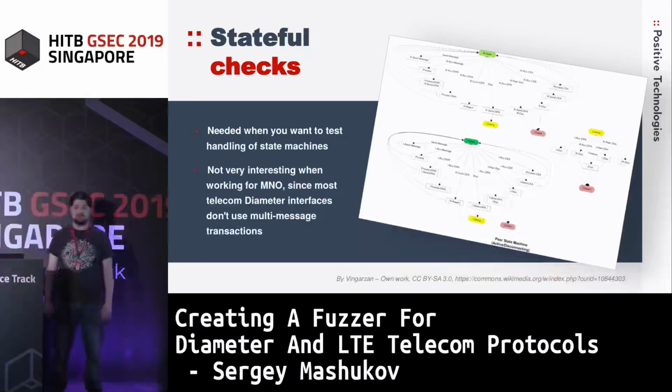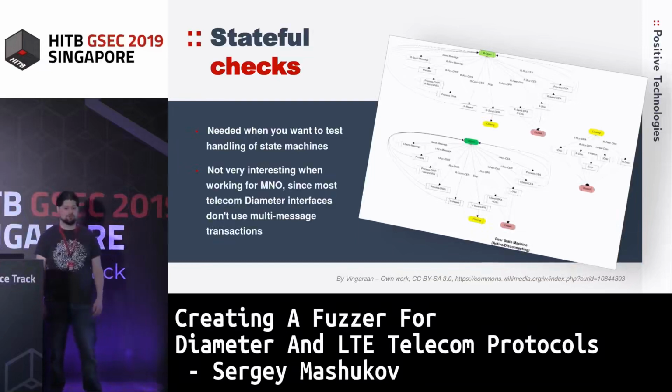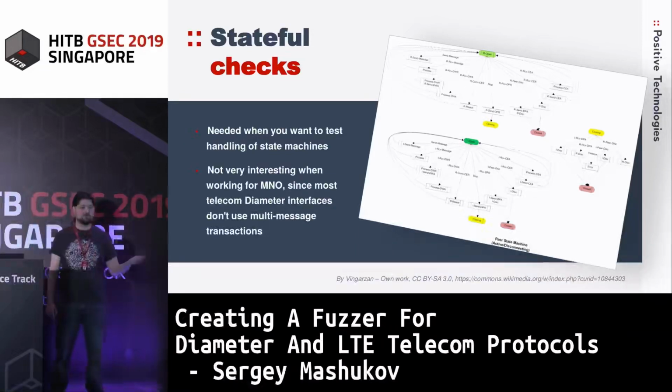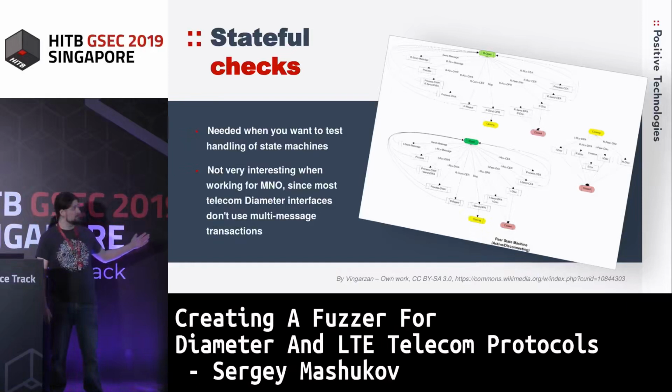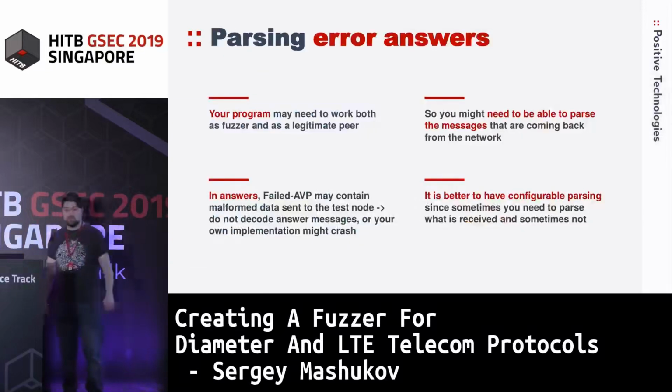And since in Diameter most of the applications don't really use these deep state machines, they just do request and answer, you don't need that. And again, we haven't implemented these yet and found a lot of problems.